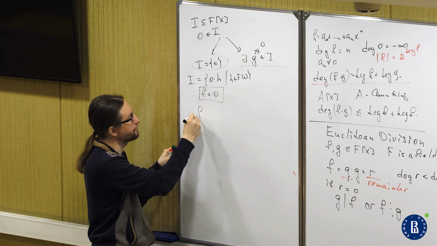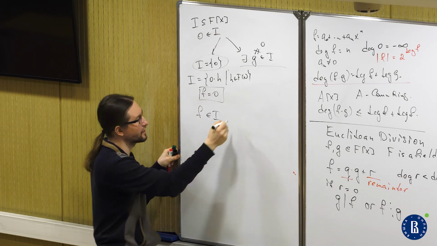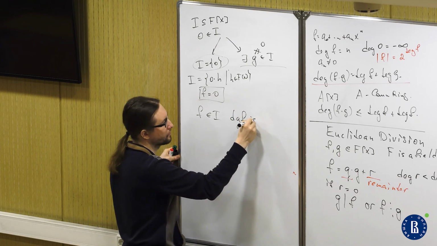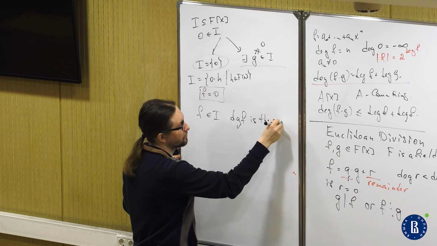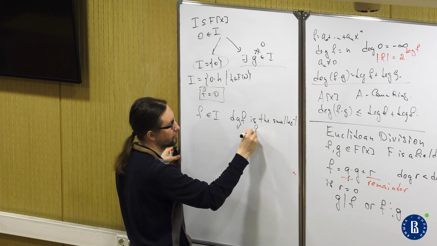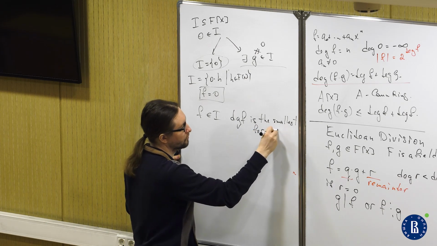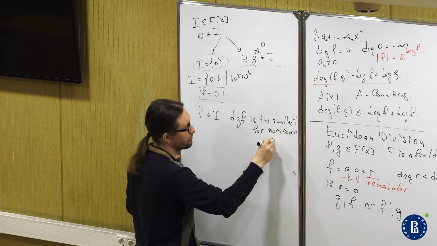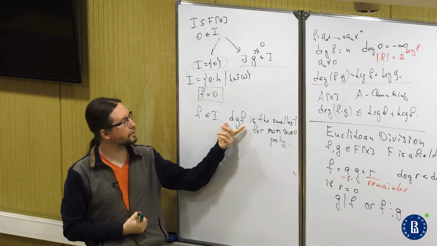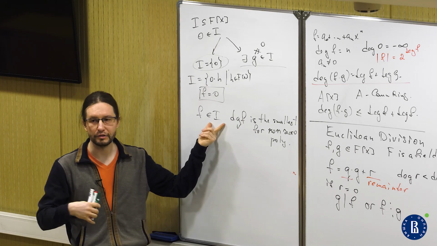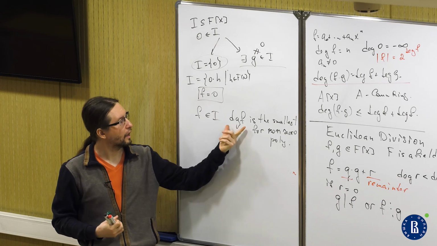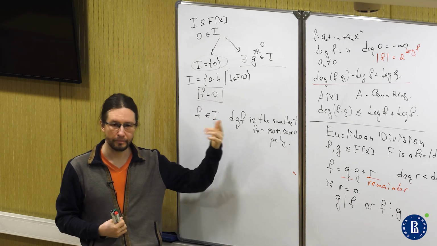So let's say f is an element of I such that the degree of f is the smallest possible for a non-zero polynomial. So the only polynomial in I with a smaller degree is the 0 polynomial. All the other polynomials have the same degree or higher.